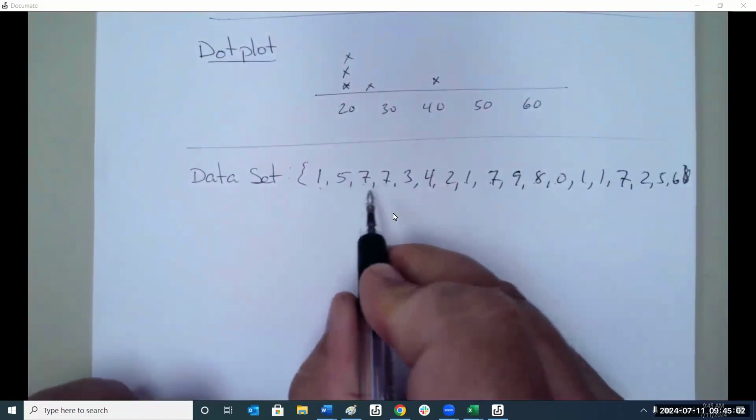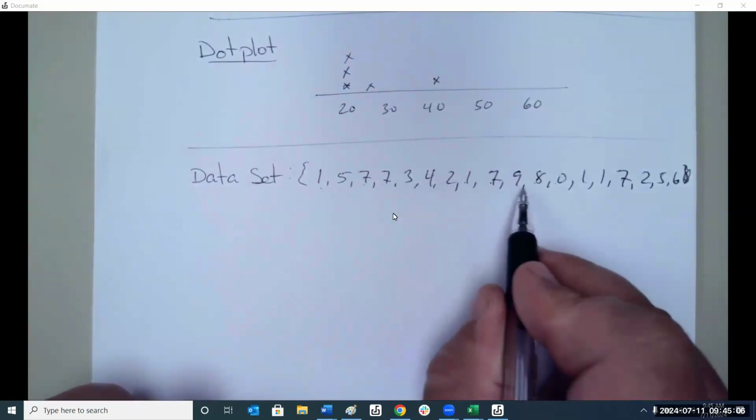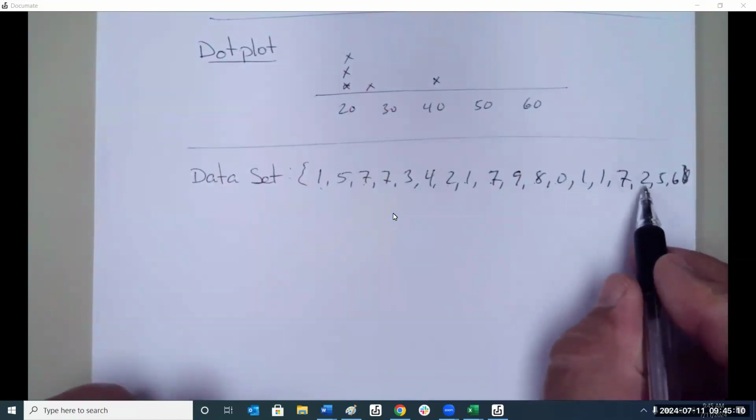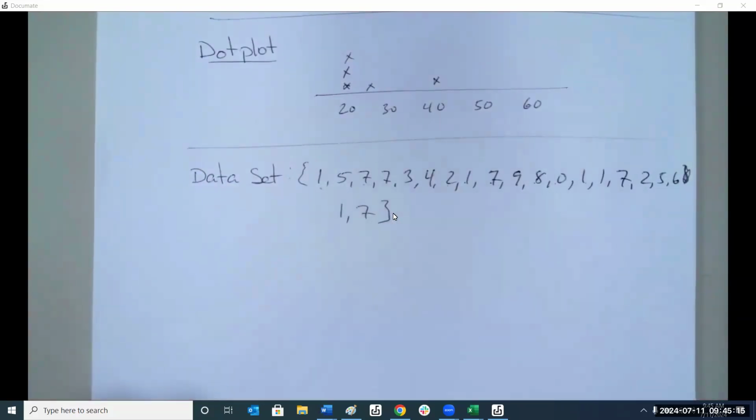So I got 1, 5, 7, 7, 3, 4, 2, 1, 7, 9, 8, 0, 1, 1, 7, 2, 5, 6, 1, 7. That's my data set.